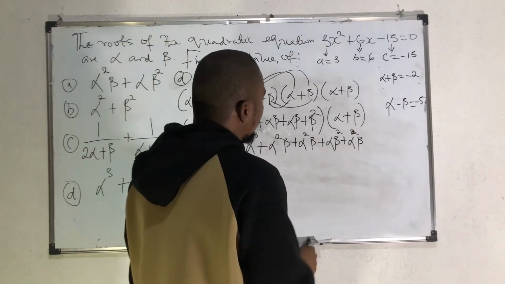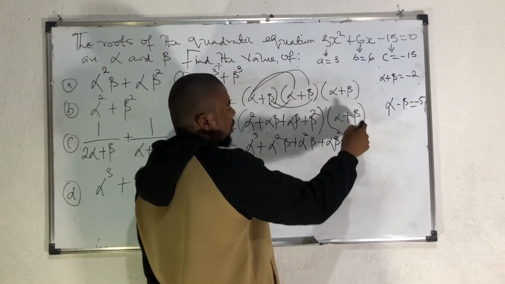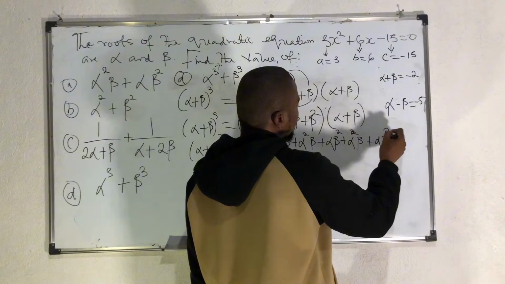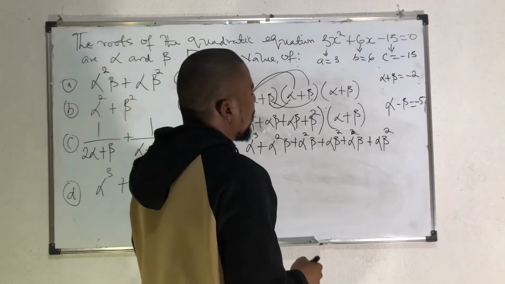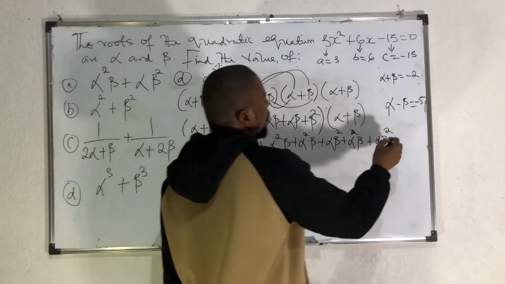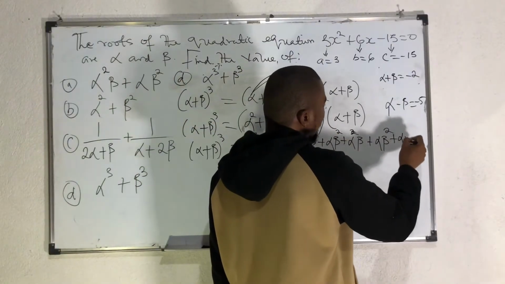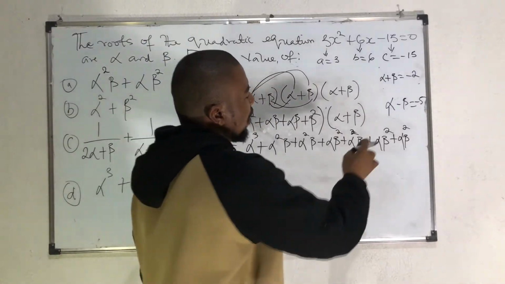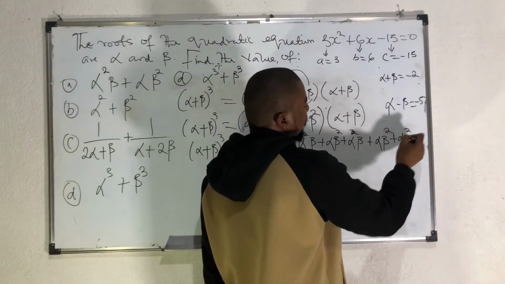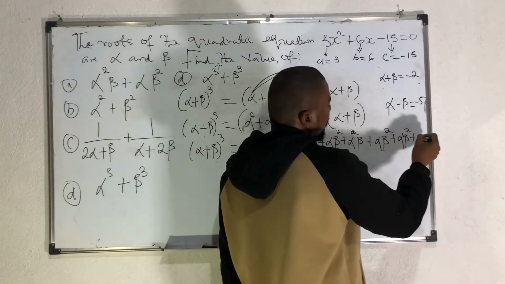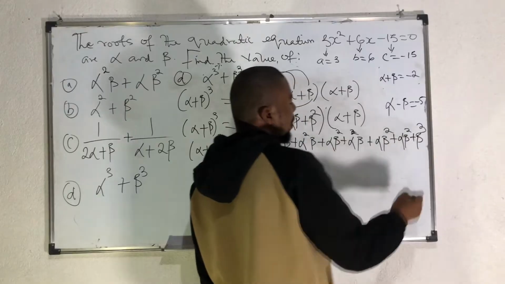Lastly, alpha beta times beta will give you plus alpha beta squared. Now, what do we have here again? We have beta squared times alpha, which will give you plus alpha beta squared. Finally, beta squared times beta will give you plus beta to the power of 3.